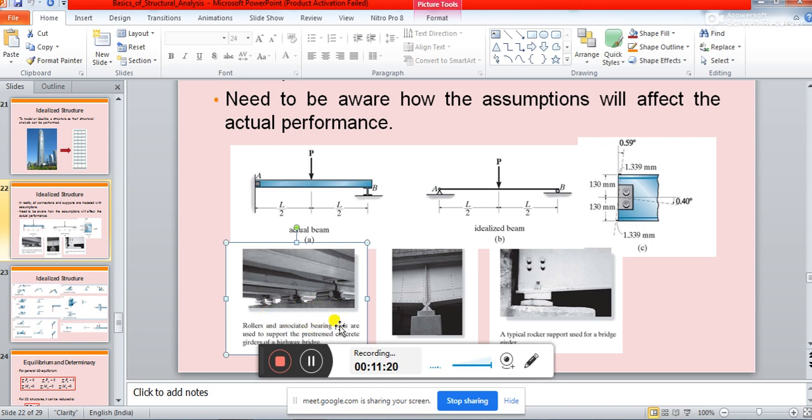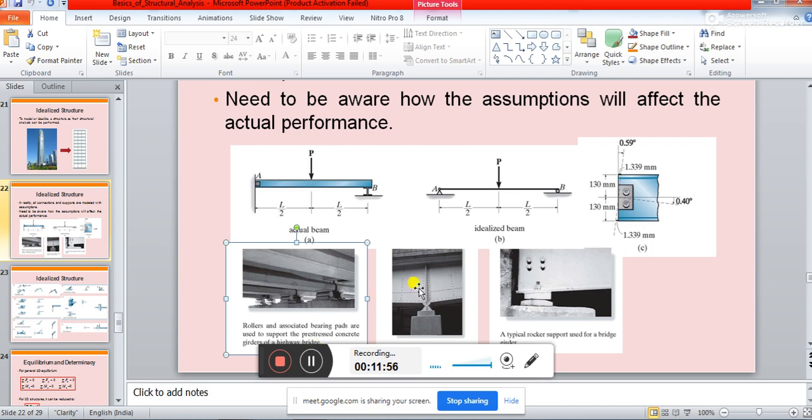The bearing pads. You will observe in a bridge structure there are bearing pads, and the bearing pads are basically the rollers, and are used to support pre-stressed concrete girders of a highway bridge. It's not only true for a pre-stressed concrete bridge, any kind of bridge will be supported on bearing pads, and those bearing pads will be supported on some rollers.